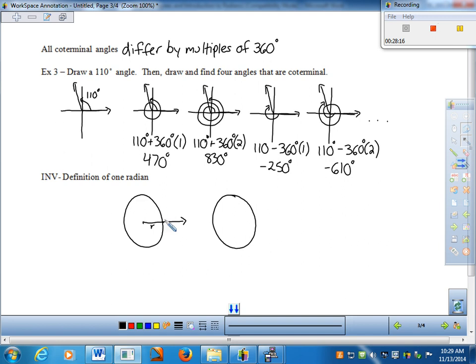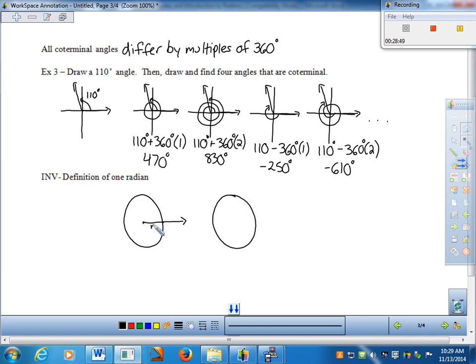And here's where it gets interesting. You're going to grab that flexible ruler, everybody, and you're going to put the beginning of the ruler right here, and you are going to wrap it around the circle exactly the same distance as the radius.